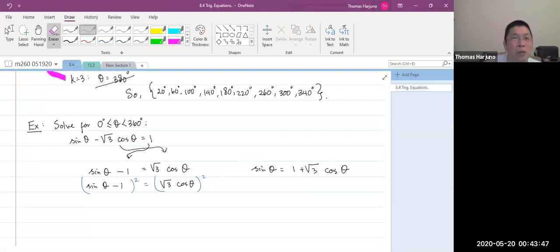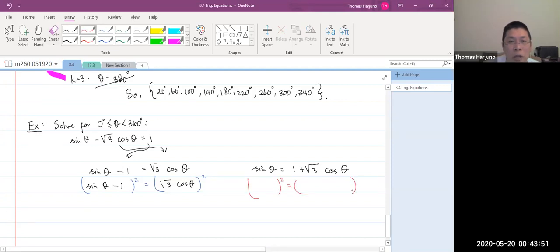Suppose you do that one. So you square this, you square that. So you should get sine squared theta equals 1 plus 2 radical 3 cosine theta plus 3 cosine squared theta. You see what you get?